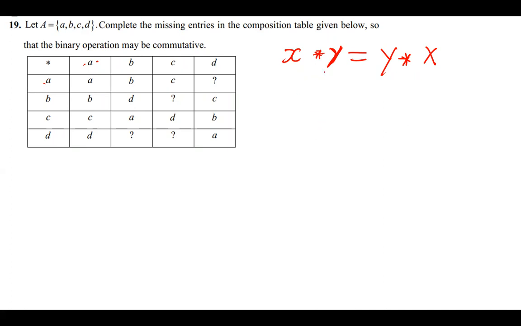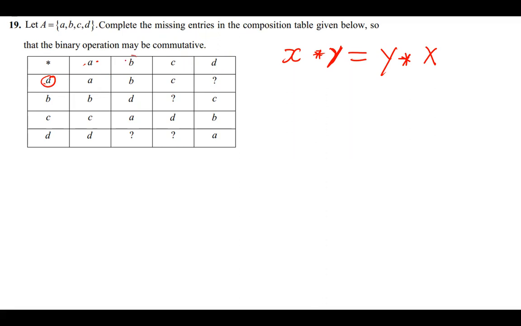So I started by testing the letters which do not have question marks. I said, okay, let me try to find A star B. So I started here. A star B, I'm starting from this side.